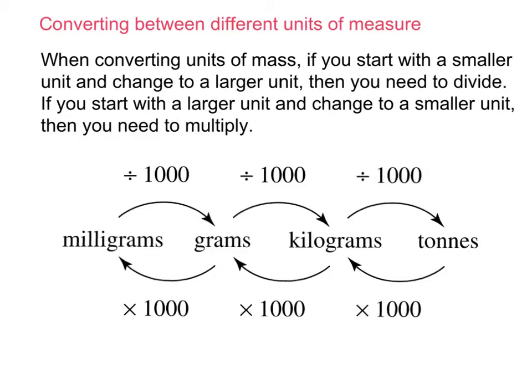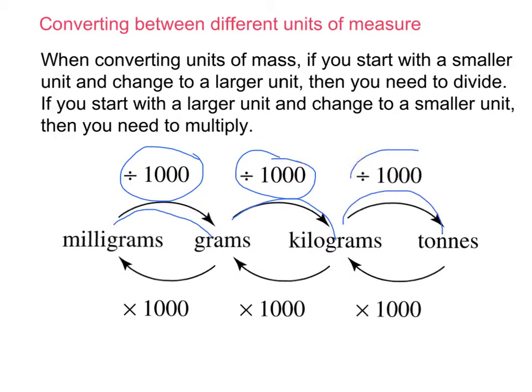However, if you start with a larger unit and change to a smaller unit, you need to multiply. So if we go from milligrams to grams, we divide by 1,000. From grams to kilograms, we divide by 1,000 again. And from kilograms to tons, we divide by 1,000 again.